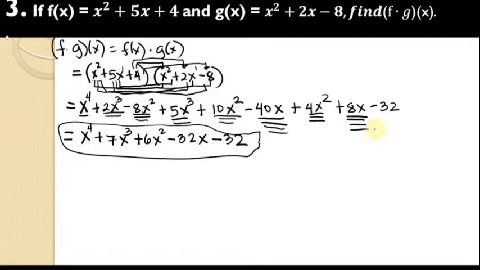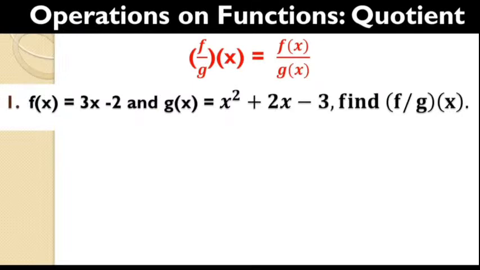Okay, the final answer is x raised to 4 plus 7x cubed plus 6x squared minus 32x minus 32. So that is our final answer. Or we will continue our discussion. It's all about operations and functions.